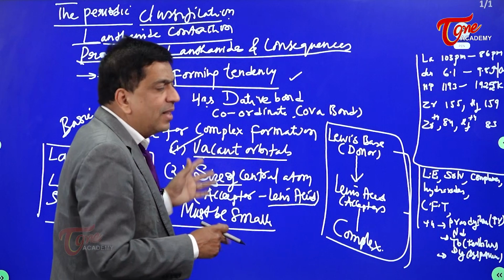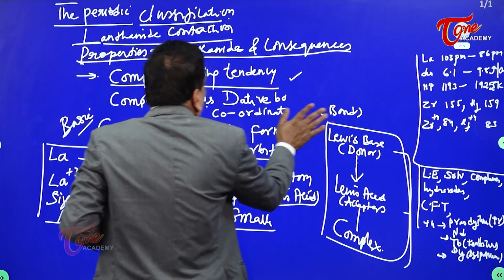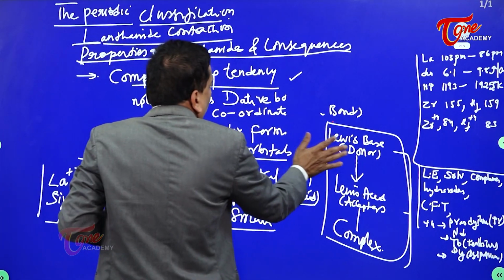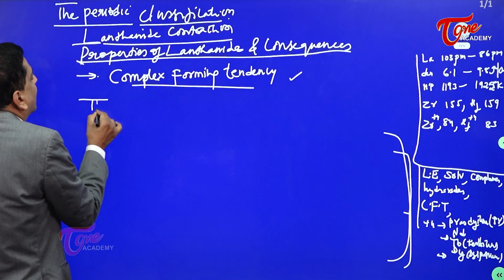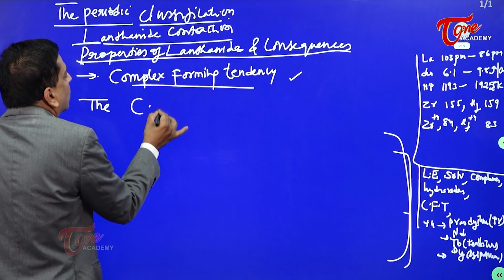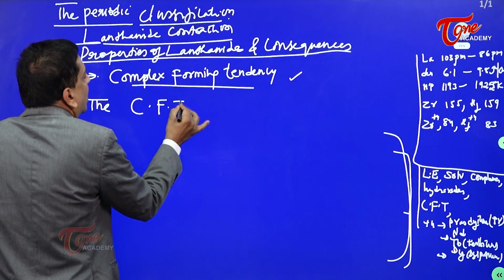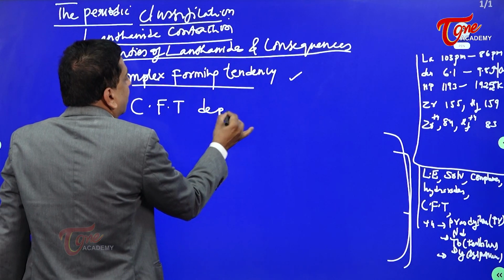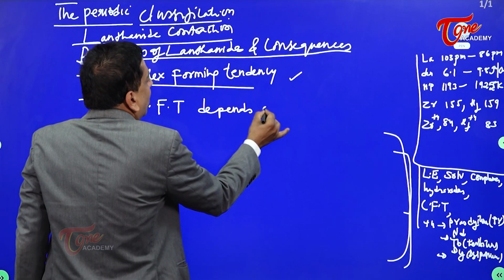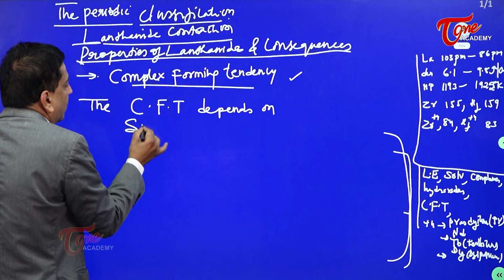Well, I would like to write, if this is the case, let me put it properly, the trend for you. Watch carefully here. The CFT, that is nothing but the complex forming tendency, depends on the size.